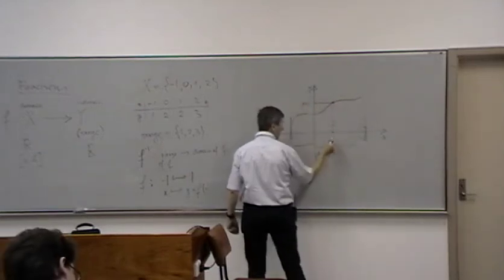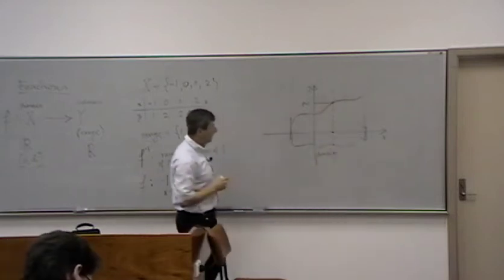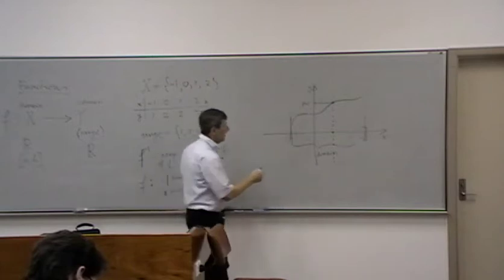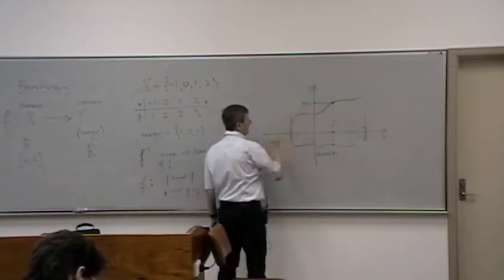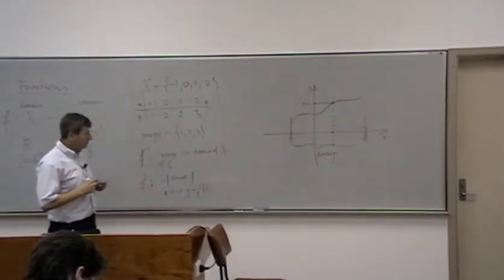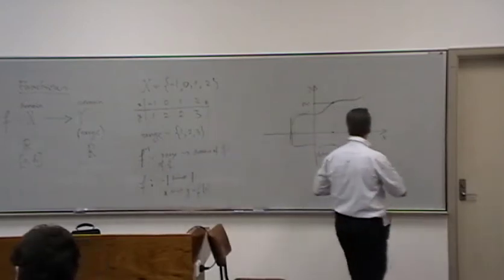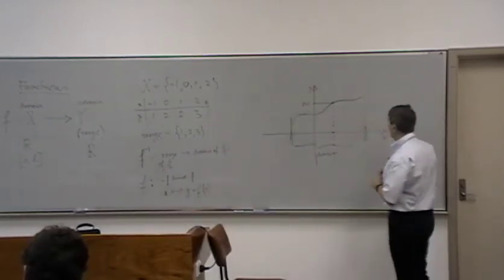If I put in x, I go in a vertical line up and down until I hit the curve, and then this will be the corresponding output, f of x. And of course, in order to be able to do so, we should hit the curve only once.